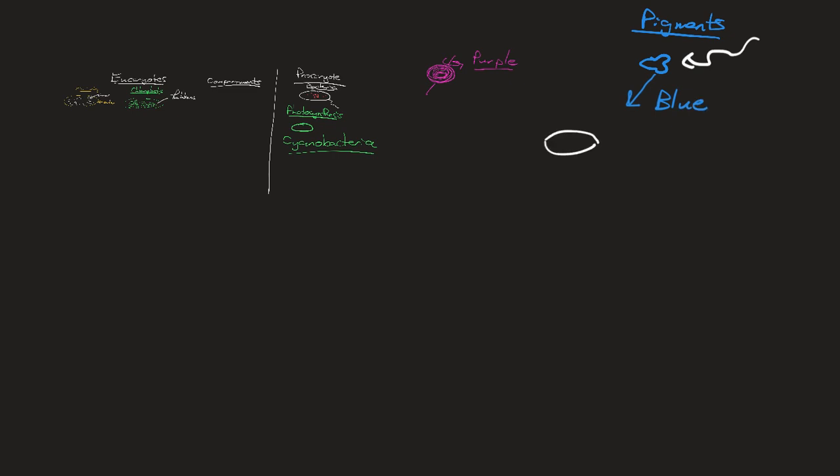Your eye would see blue. Why is your eye seeing blue? Because that pigment absorbed all the other colors except for blue. Is that making sense to everybody? That's true of every pigment.